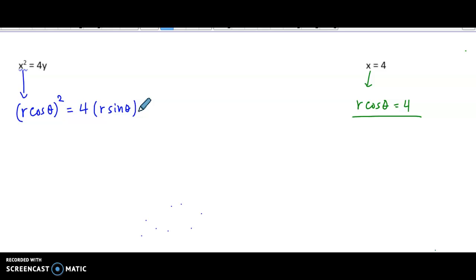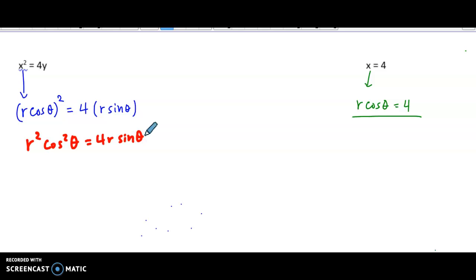Now, again, we could be done, but I'm going to clean this up just a little bit. And over here, I'm going to distribute the squared. That's going to be r squared cosine squared theta equals 4r sine theta.